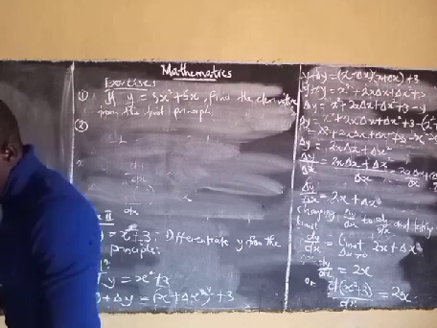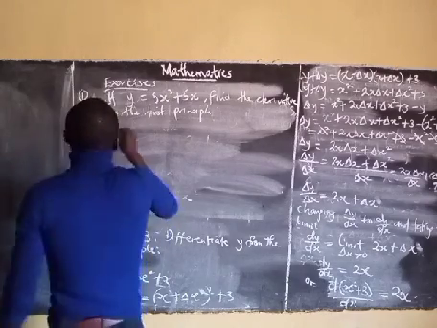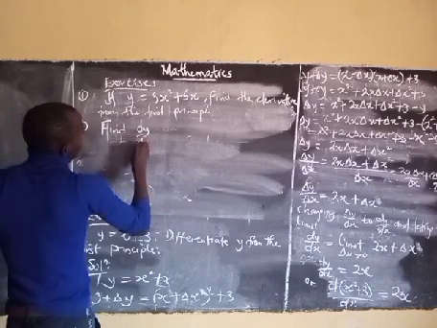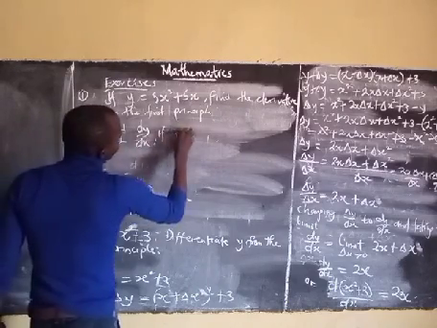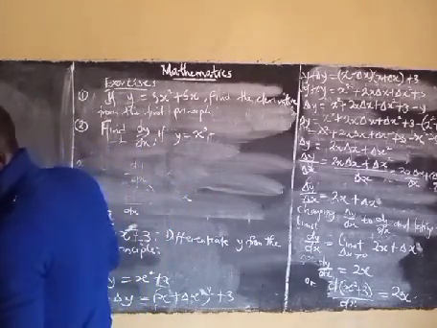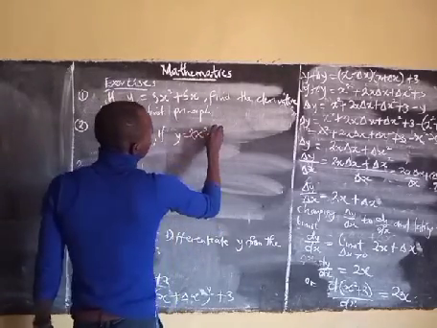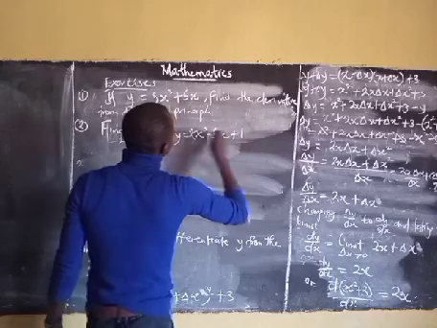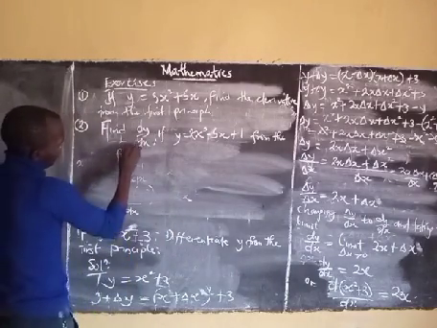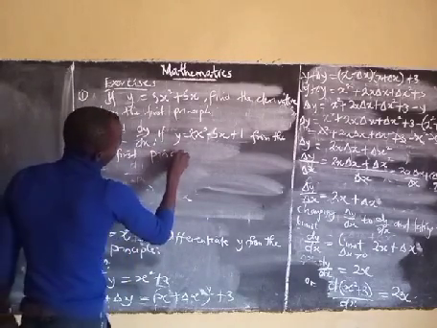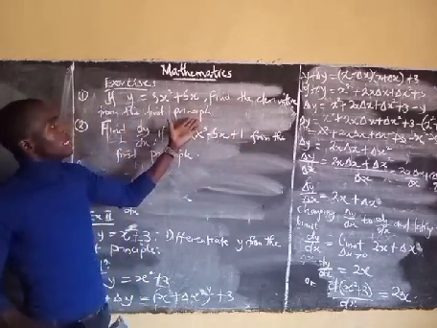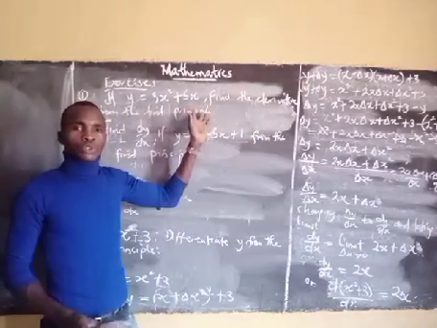Two, find dy dx if y equals x to the power 3 plus 2x to the power 3 minus 5x plus 1, from the first principle.